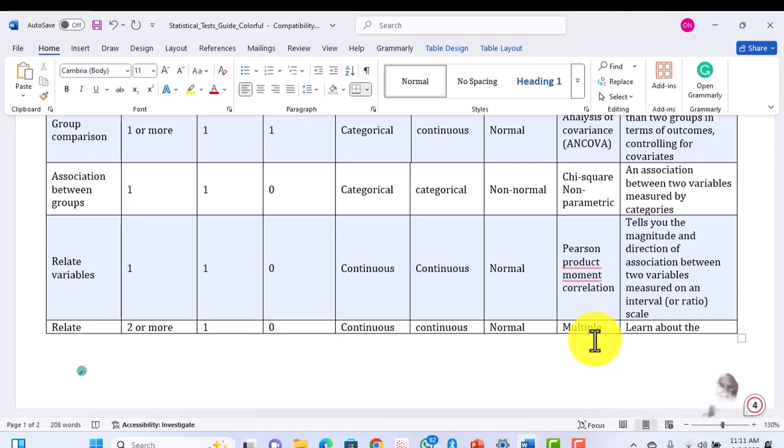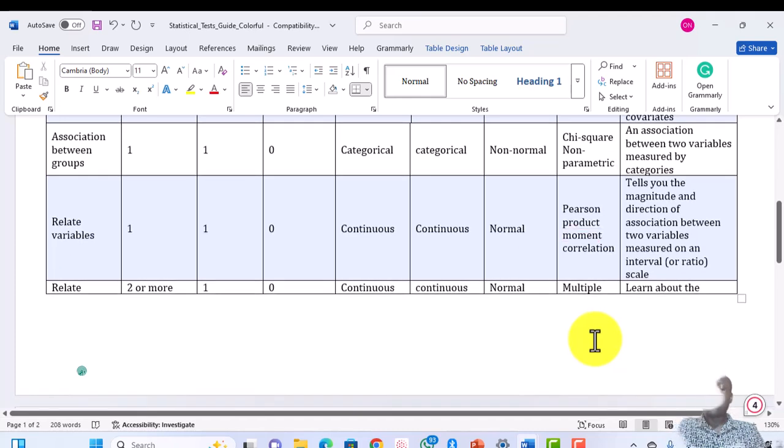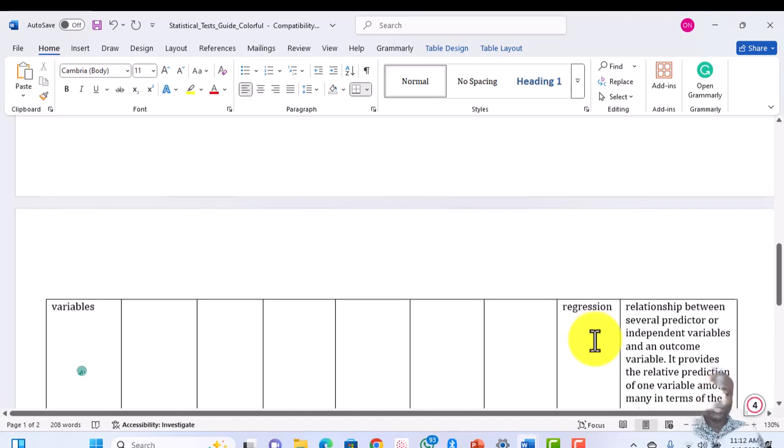Let's say we want to see the relationship between attitude and achievement, interest and growth. Both of them are continuous, and the independent variable is not categorical. In that case, we will run what we call a Pearson product moment correlation. It tells us whether they are associated.